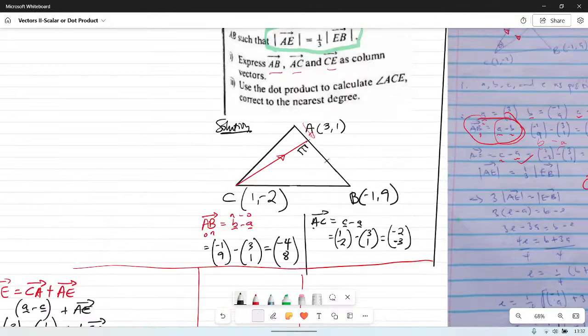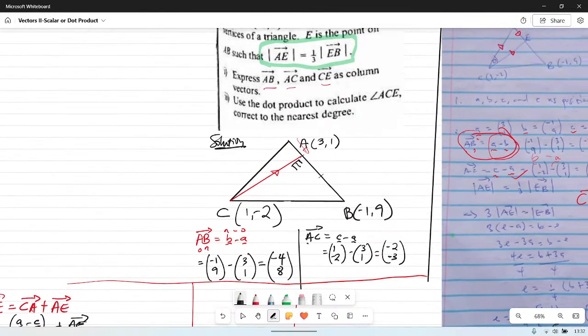Let's see. I'm just thinking out loud. If you say AE, the distance here is only one third of EB. E is a point on AB, such that the distance from A to E... I think that there's something wrong with the question. But I think it should have been AB.